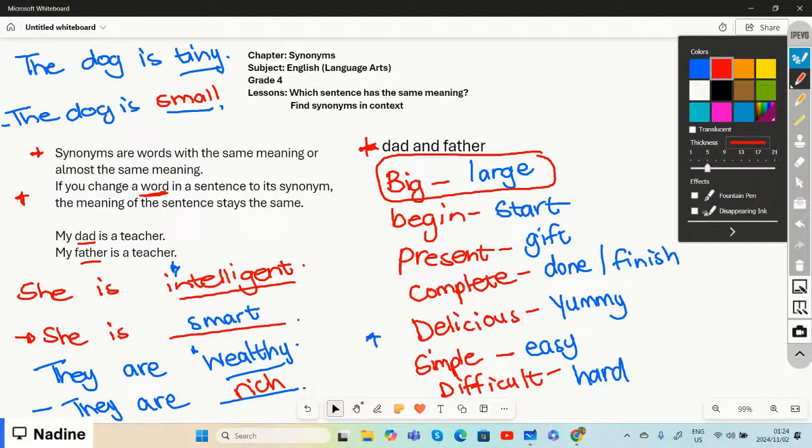Even if the word changes within a sentence, we only change the word by replacing it with its synonym, but the meaning of the sentence stays the same. And once again, synonyms are words with the same meaning, or words with almost the same meaning. So yes, well done.